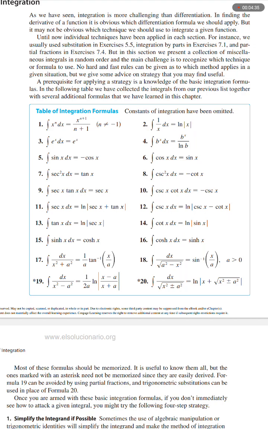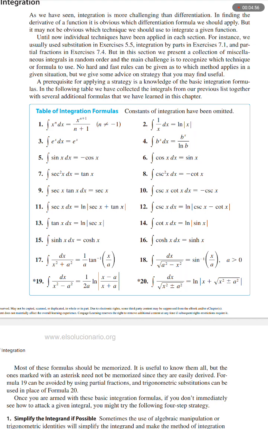Number 13, the integral of tangent x dx equals the natural log of the absolute value of secant x. Number 14, the integral of cotangent x dx equals the natural log of the absolute value of sine x.